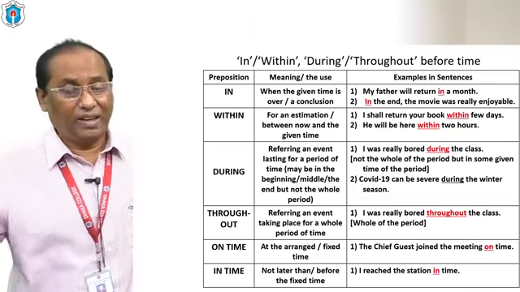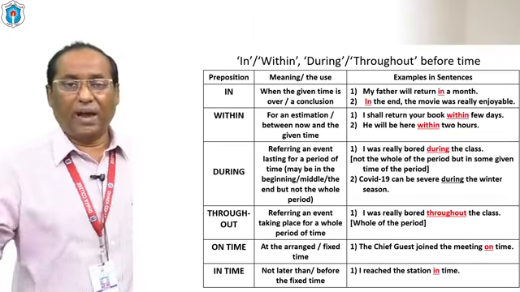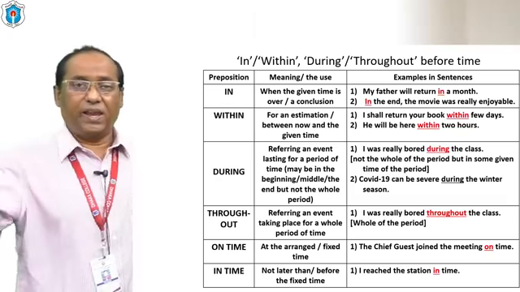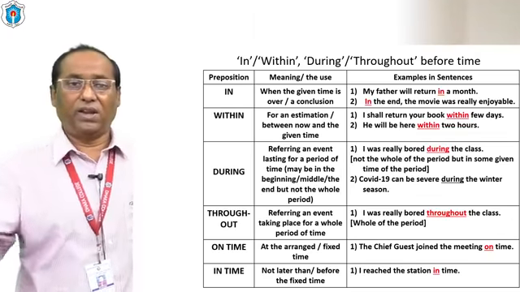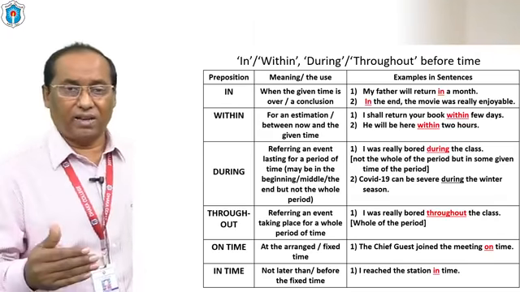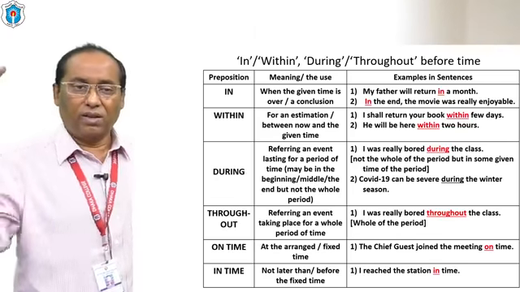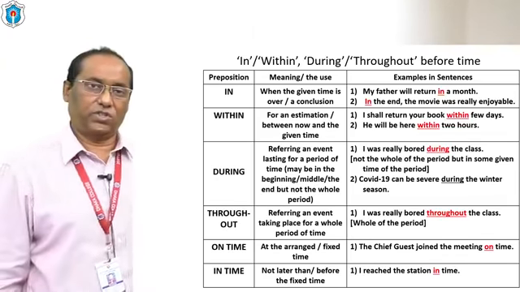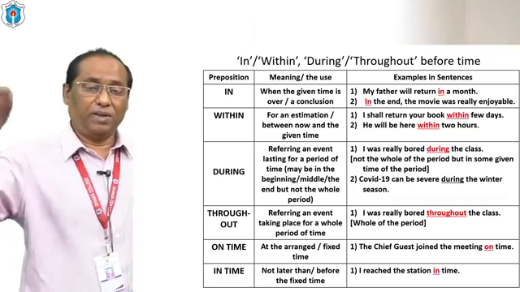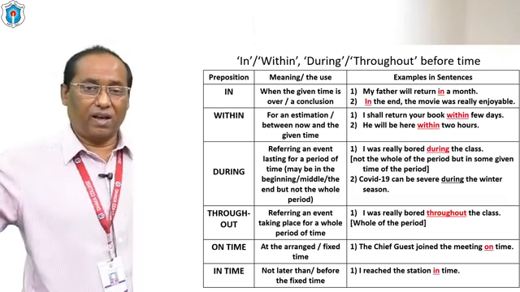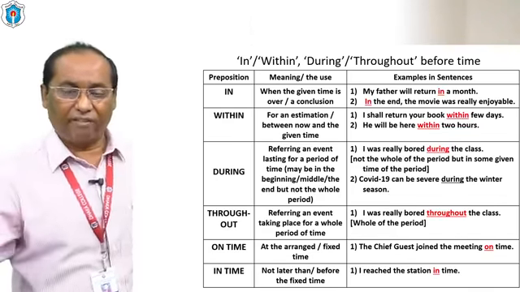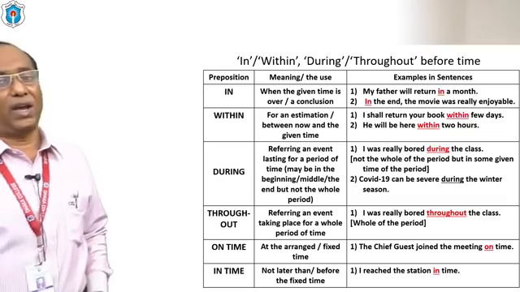That is, without any delay, I do my duty. He reaches the office in time. It means that without any delay, being very punctual, he comes to the office. But on time means a fixed, arranged or given time.